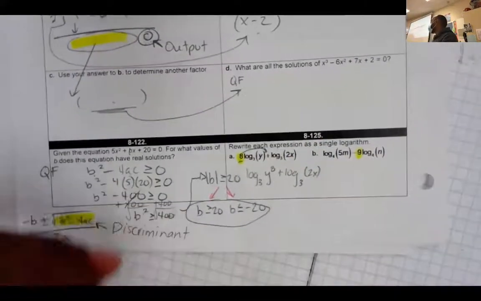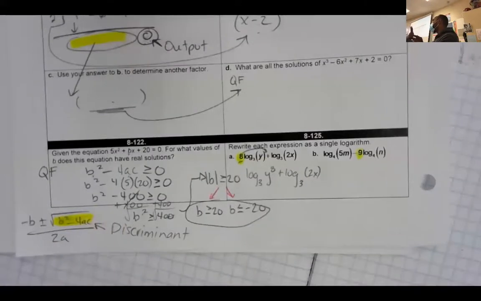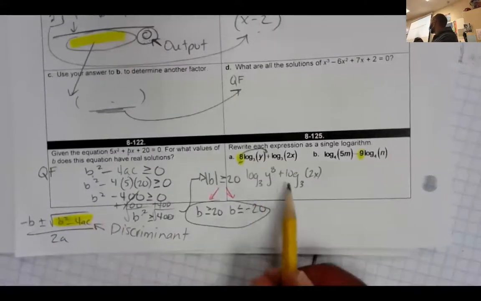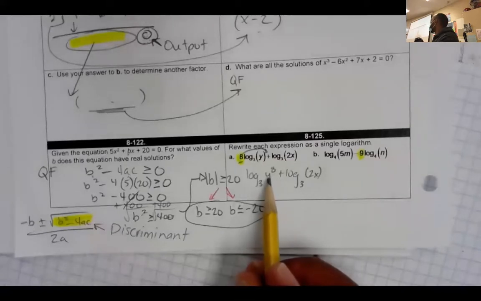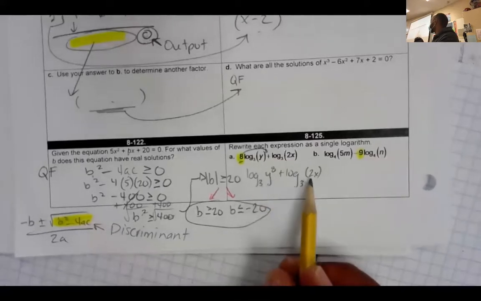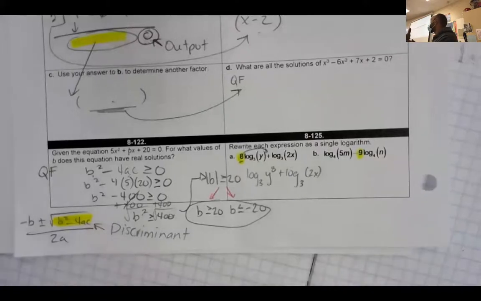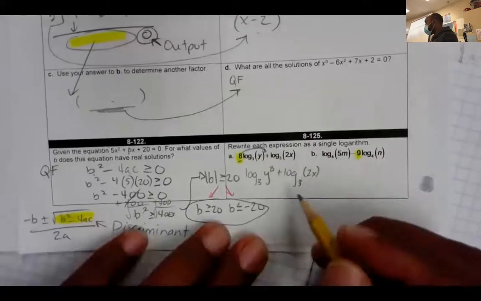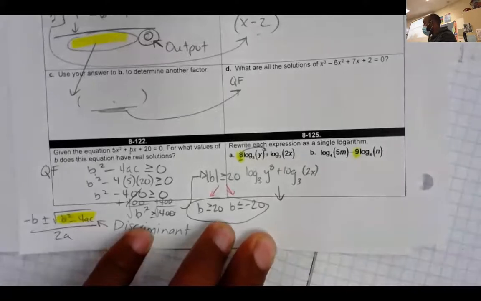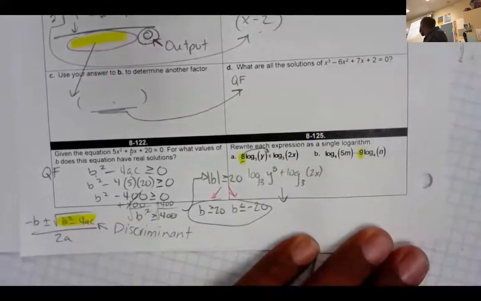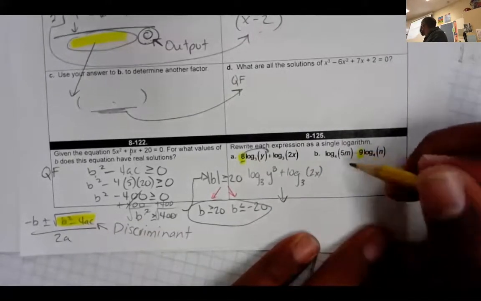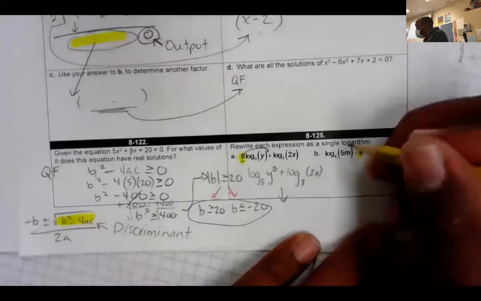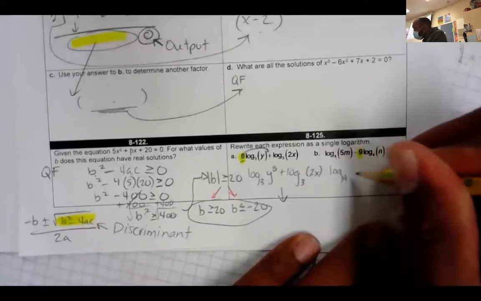Now I can combine the 2 logs. How do I combine them when it's plus? Well, I combine the y to the 8th and the 2x. How do I combine them? You multiply the 2, okay? So this way you turn it into one log by multiplying. Now here, do the same thing.